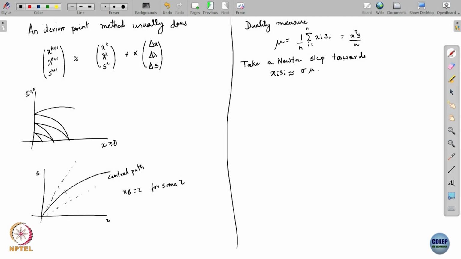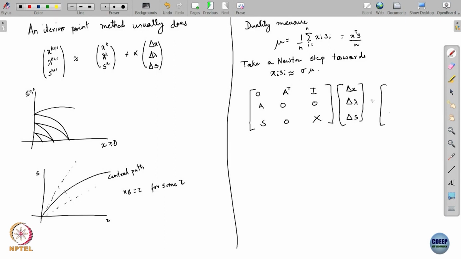So, the modified step then becomes something like this. The Jacobian evaluates to A transpose I, A 0 0, S 0 X, and then you have your step that you want, delta x, delta lambda, delta s, equals the right hand side.